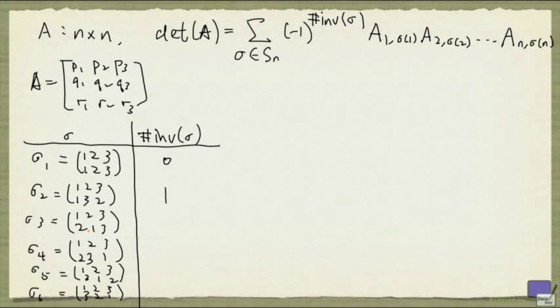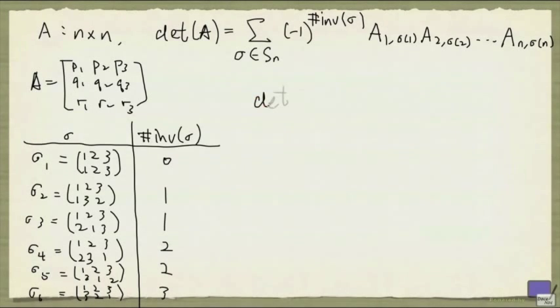In sigma 3, the only inversion comes from the pair 1, 2. In sigma 4, I'm going to get 2 inversions, 1, 3 and 2, 3. For sigma 5, I also get 2 inversions, 1, 2 and 1, 3. And for sigma 6, I have 3 inversions: 1, 2, 1, 3 and 2, 3.